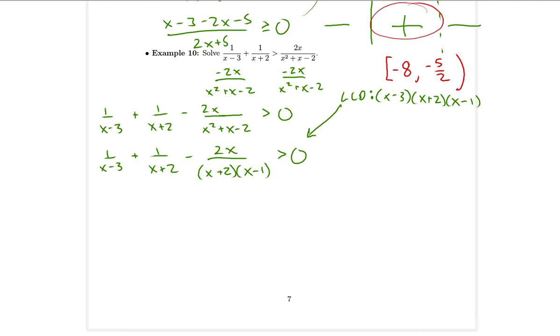So here's what's going to happen. We're going to take this first one, let's just start with x minus 3, right? That's what it already had. But then we're going to multiply on top and bottom by x plus 2 times x minus 1 to give it what it needs.